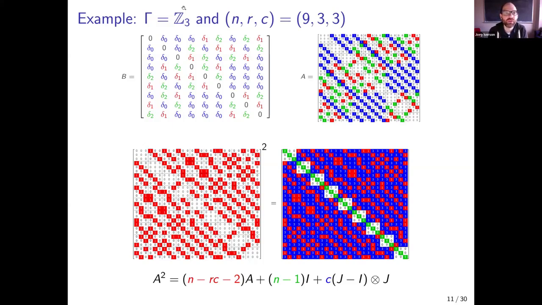Here, my group is going to be the group with 3 elements, Z3. And I'm going to have a cover of the complete graph on 9 vertices. My group R has 3 elements, and then this distance regular parameter C will be 3. So for me, I think of the DRACKN really as being this 9 by 9 matrix with group elements.